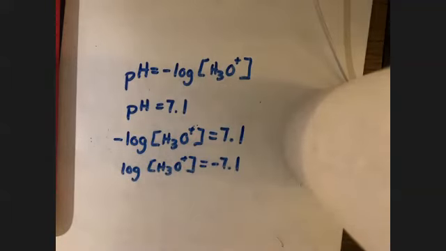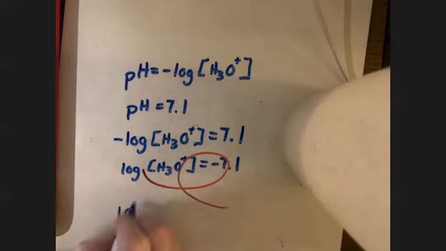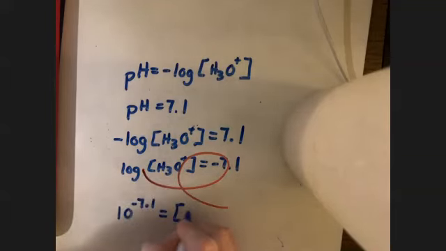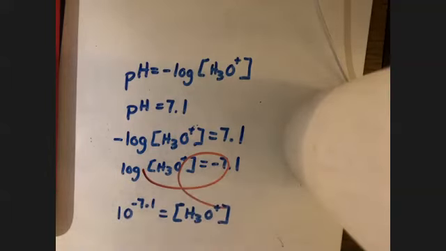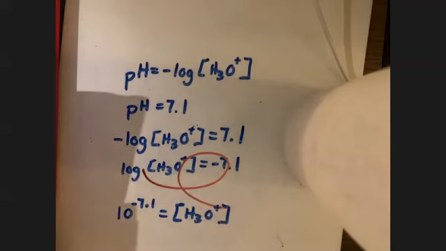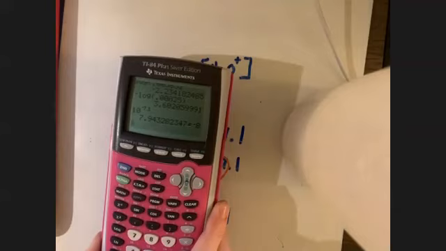And then we're going to loop through. Keep in mind that the base is 10. So now we're just going to put 10 to the negative 7.1 on our calculator. And the calculator will come up with that scientific notation for us.